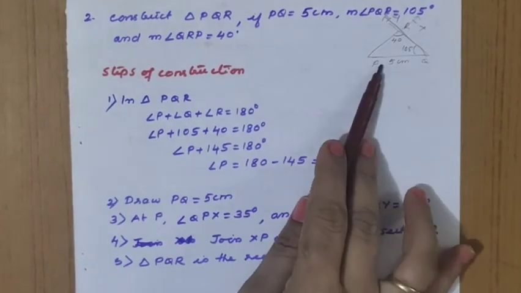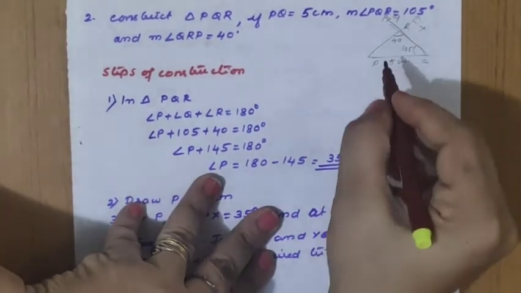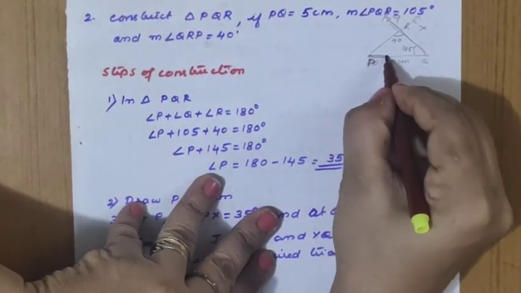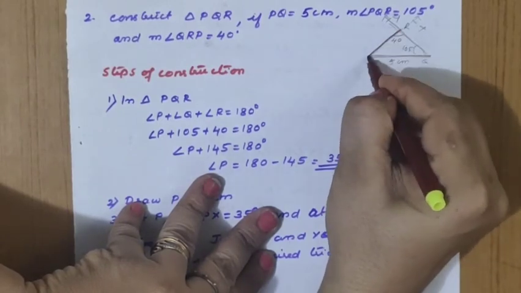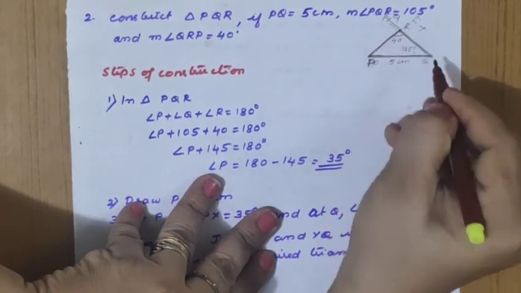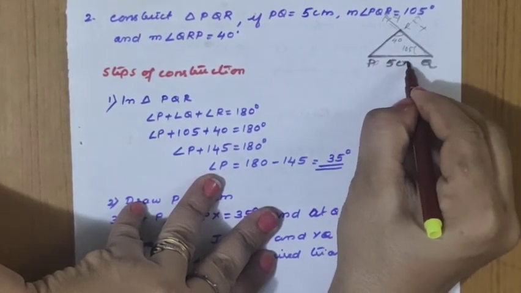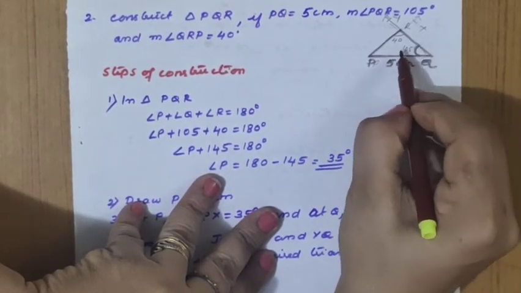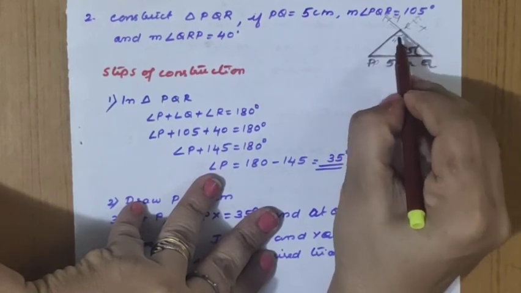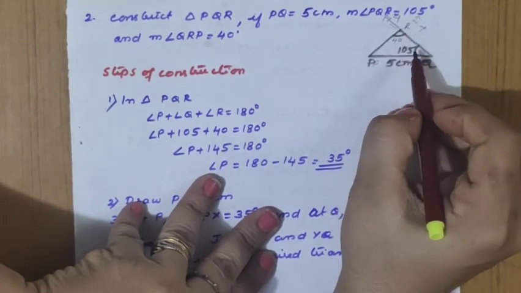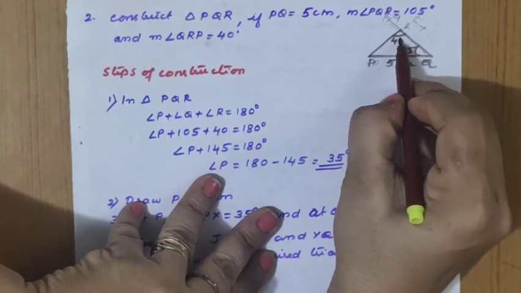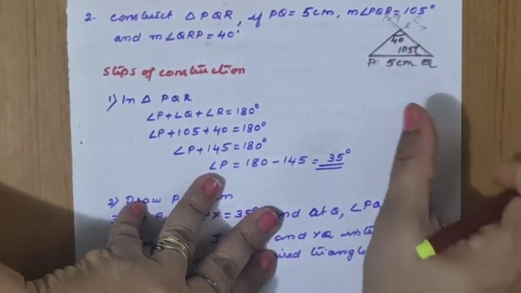So here after completing the diagram, see the diagram. You can complete the rough diagram PQR. So PQ, it is 5 cm, angle Q 105, angle R it is 40 degree. So this is the idea of a rough diagram.